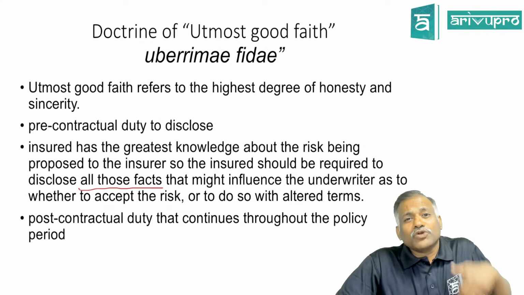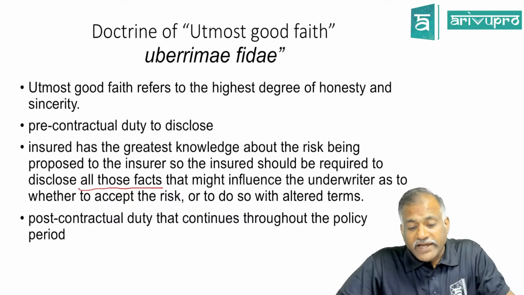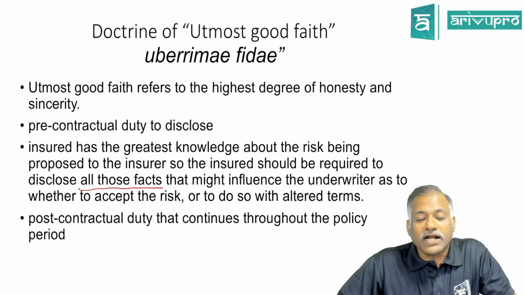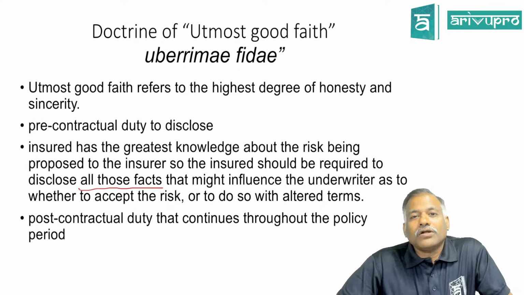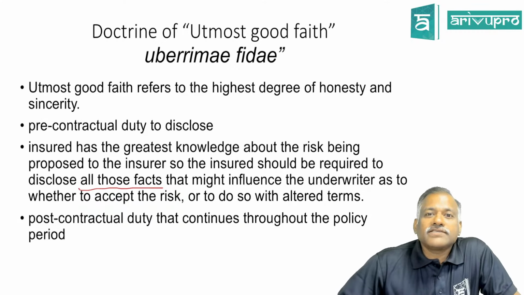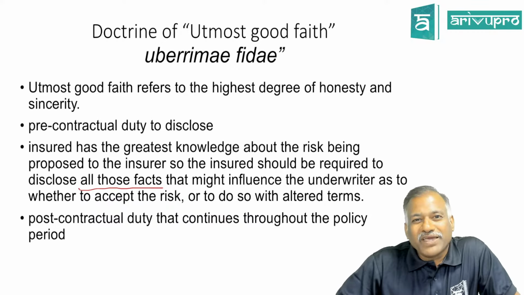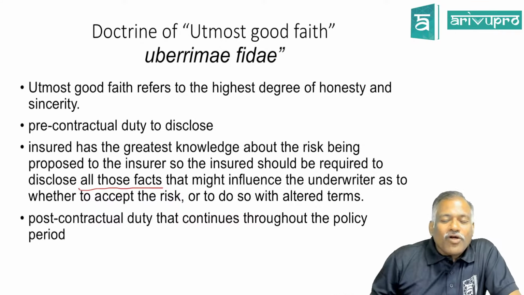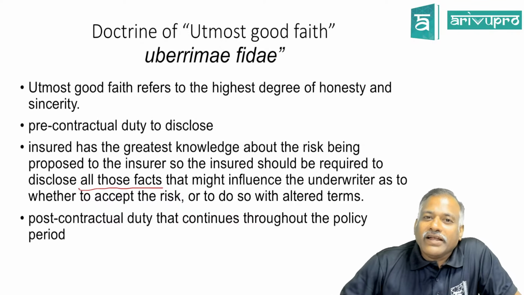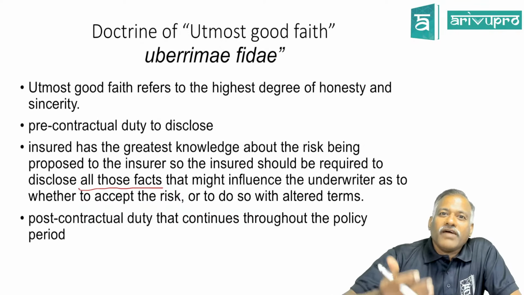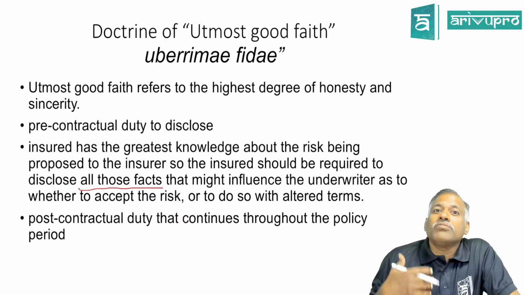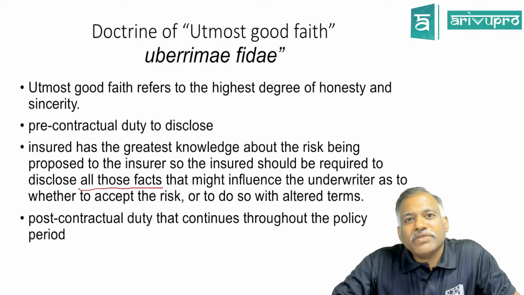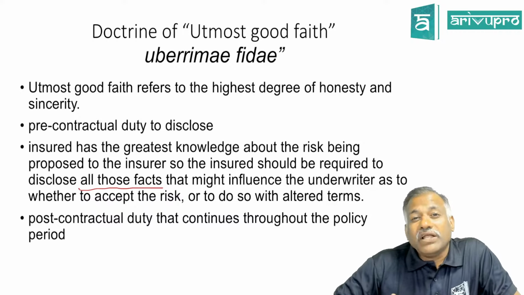I don't have to disclose all facts, only those facts that might influence the underwriter to accept the risk or not to accept the risk, or in case of accepting, any kind of terms being given by him. So this entire objective of giving data and collecting data is to evaluate the risk. So you should not hide or misrepresent any information which is called a material fact.